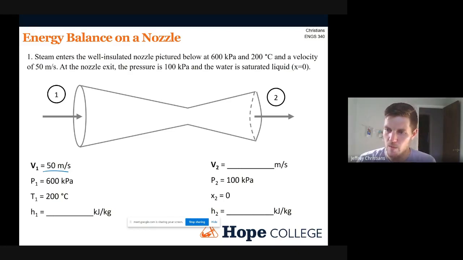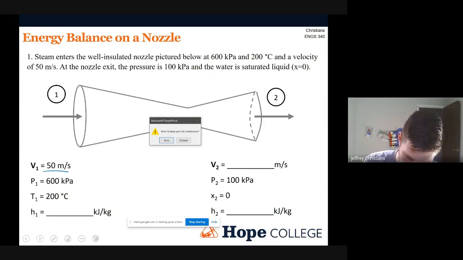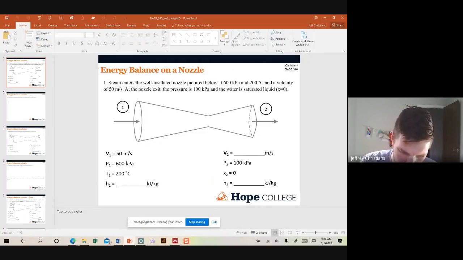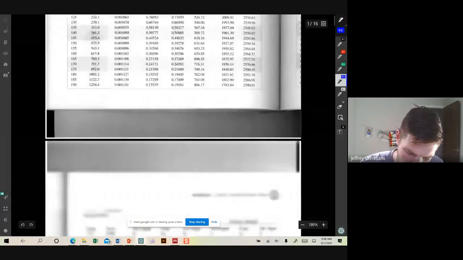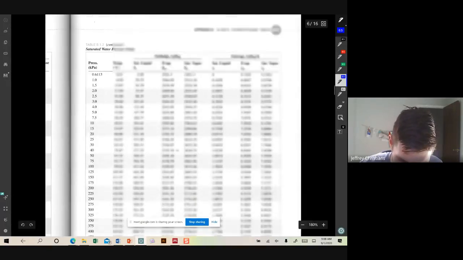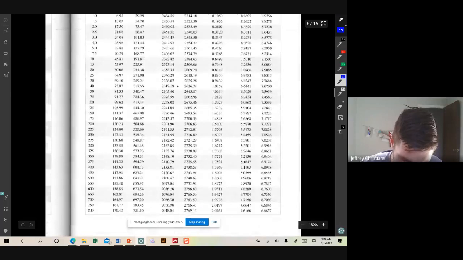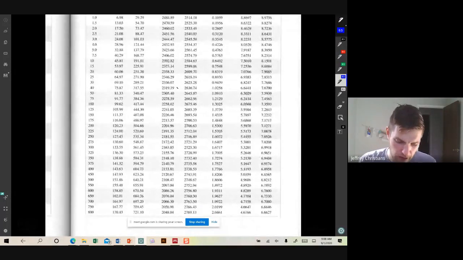If we look up the enthalpy for that, we're looking up 600 kPa and 200 degrees C. If we go over to our steam tables, we could convince ourselves that it is actually a gas phase.